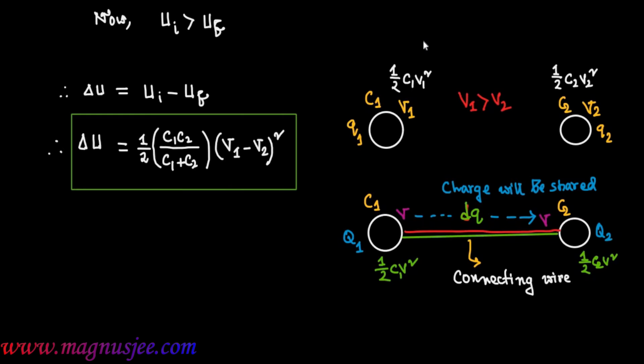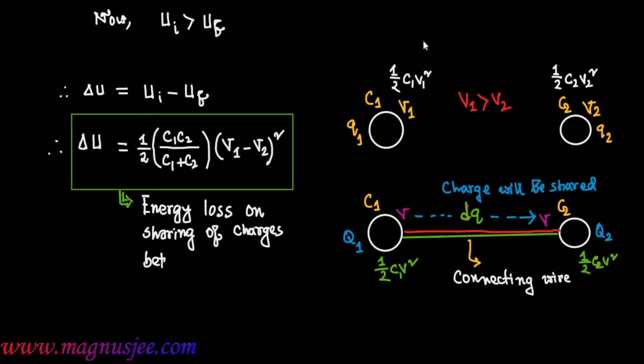So it can be proved, and this is the expression of energy loss due to sharing of charges between the two capacitors when they are connected by a conducting wire. Delta U equals 1 by 2 C1 C2 divided by C1 plus C2 into V1 minus V2 whole square.